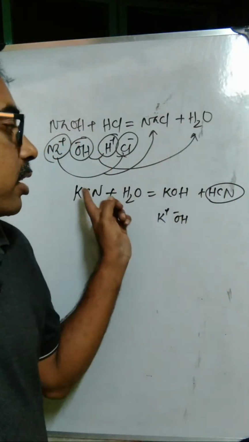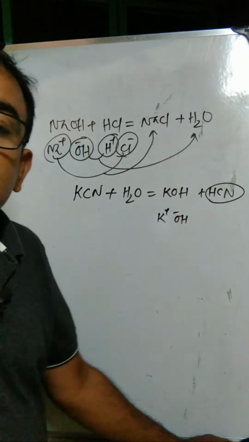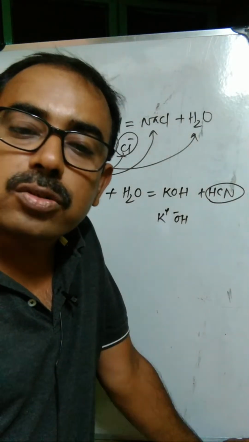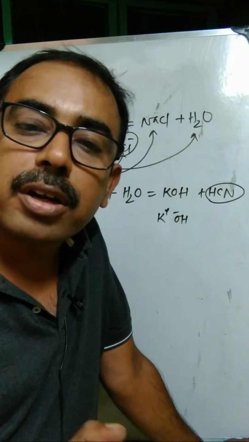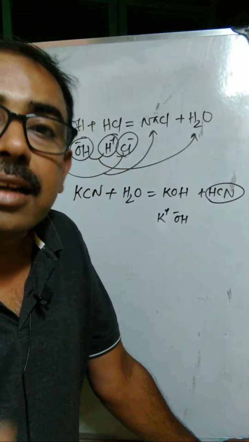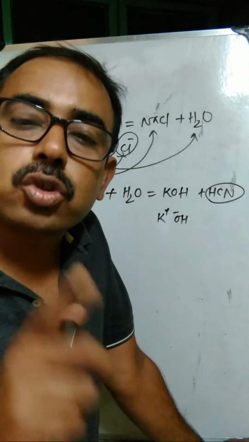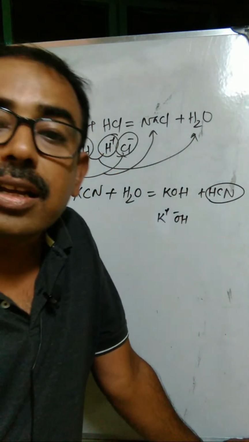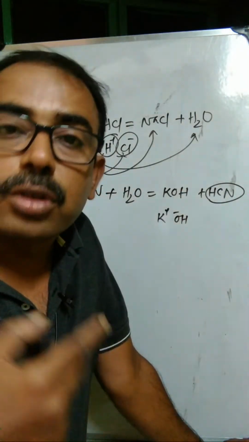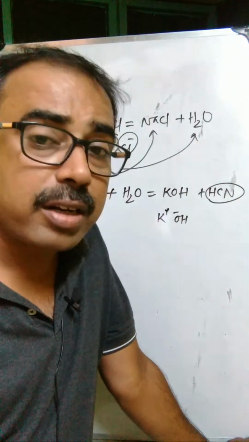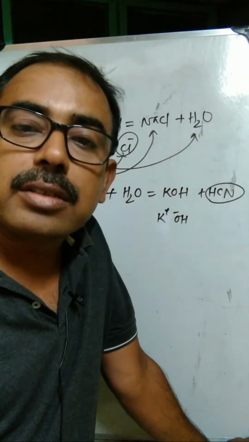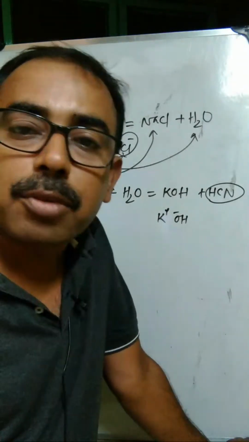Here the salt KCN is produced from potassium hydroxide and HCN. So when it reacts with water, it also gives potassium hydroxide and HCN. Now, since potassium hydroxide is a strong base and HCN is a weak acid, potassium hydroxide will dissociate more to produce a greater number of OH minus ions, whereas HCN, being a weak acid, will dissociate less to form a lesser number of H plus ions.